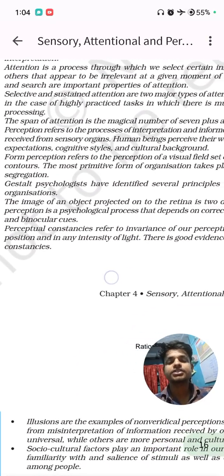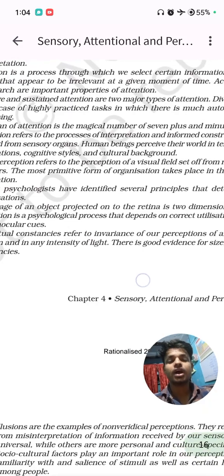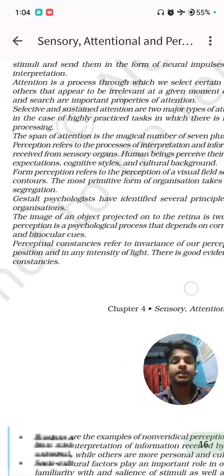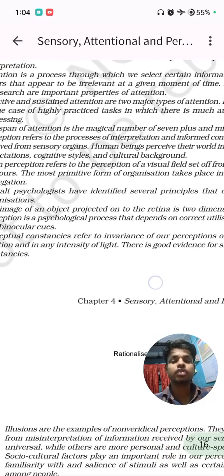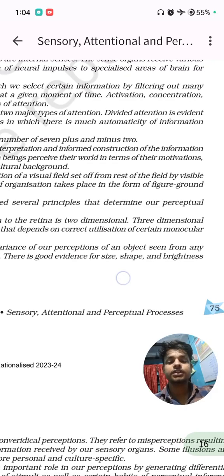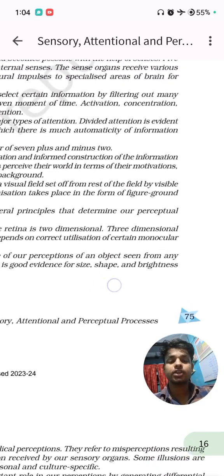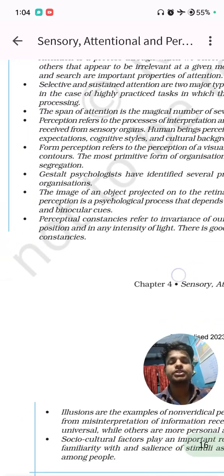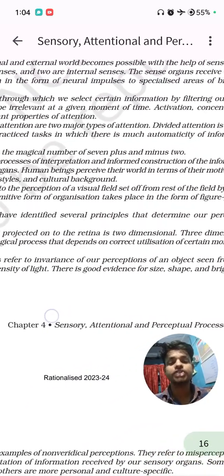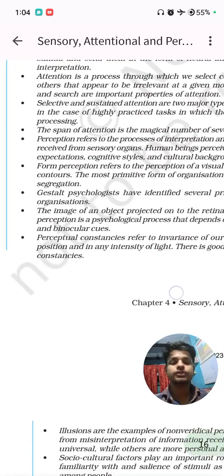Selective and sustained attention are the two major types of attention. Divided attention is evident in the case of highly practiced tasks in which there is much automatic information processing. The span of attention is the magical number 7 plus or minus 2.